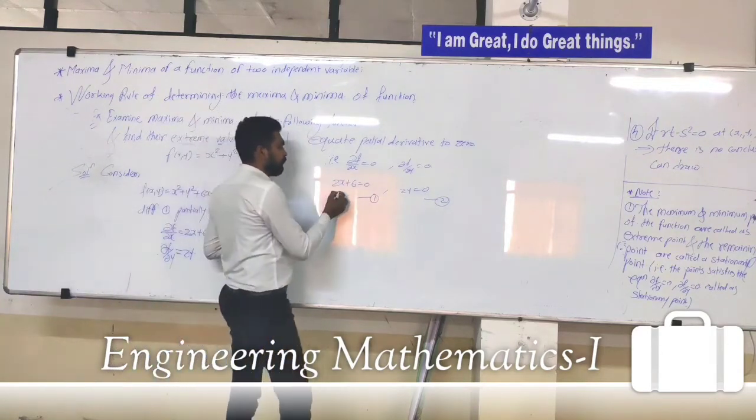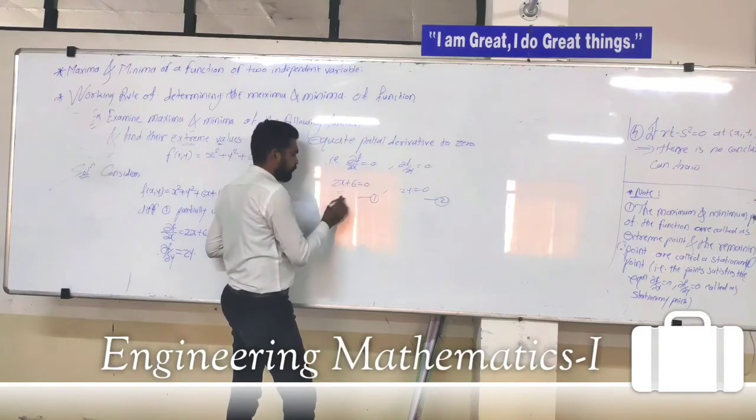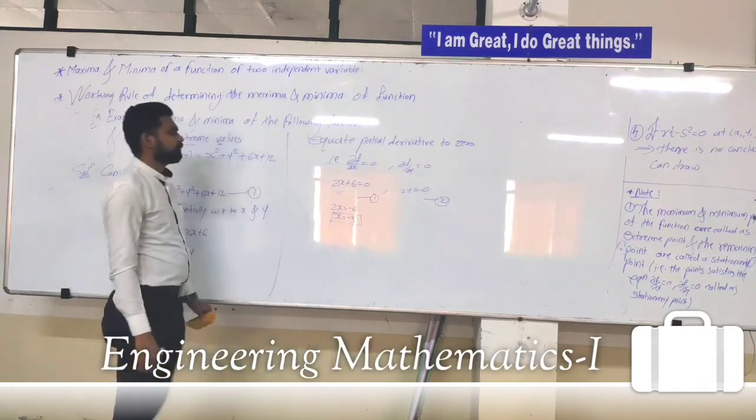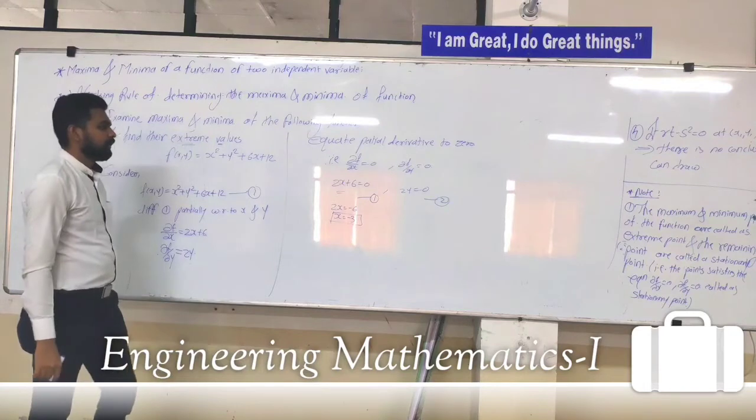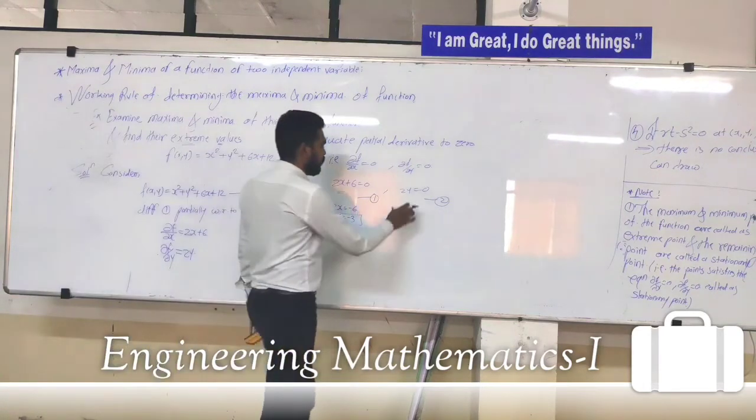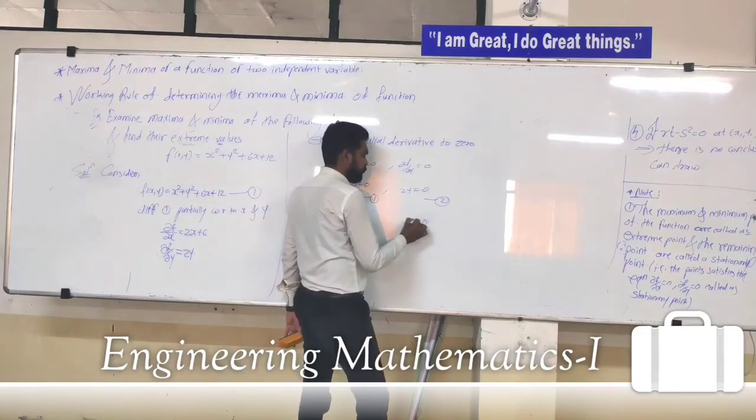If we solve equation 1 and 2, we get value of x, y. So equation 1, if you solve it, 2x is equal to minus 6, x is equal to minus 3, and here y is equal to 0.